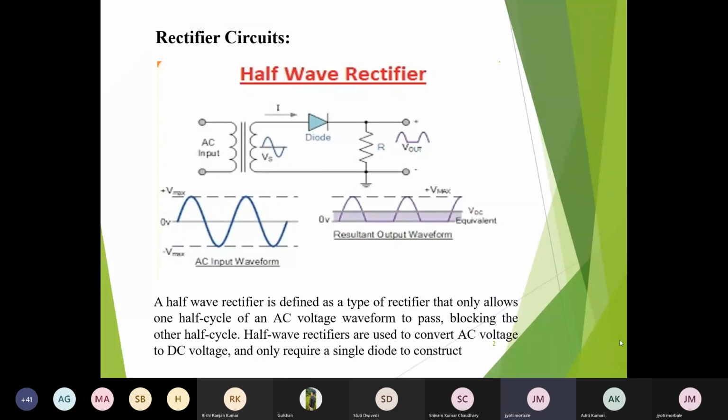We will not go into much detail about the transformer. The transformer required for the rectifier practically in the labs is the step down transformer. Whatever AC input is given to the primary winding, that AC voltage needs to be stepped down to a certain amount at the secondary winding.